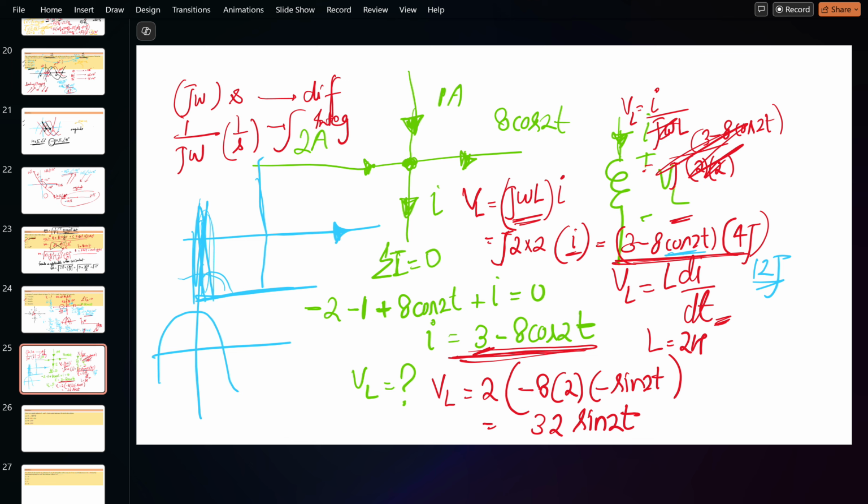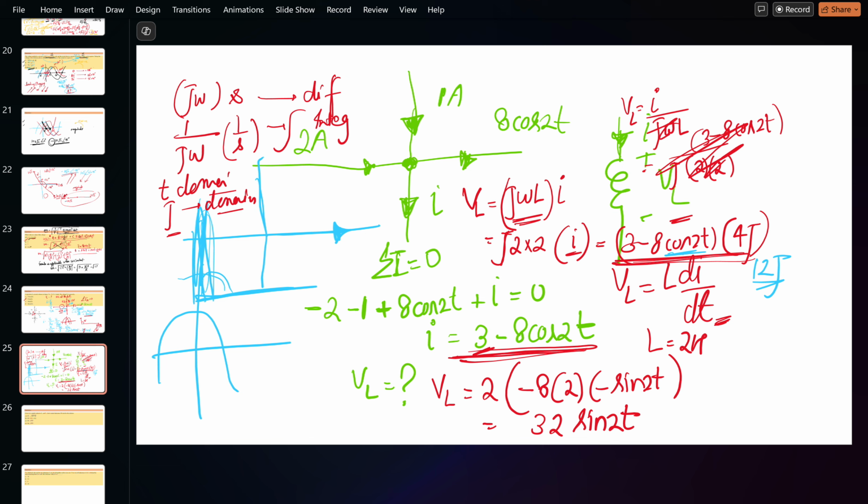Okay, so this becomes usually difficult to multiply, a 4j when you multiply it by 3 minus 8 cos 2 omega t, because one is in the time domain and the other is in the j domain. So it becomes very difficult to add both the terms, because you have to convert both into the time domain or both into the j term.